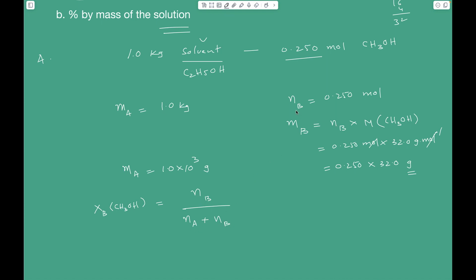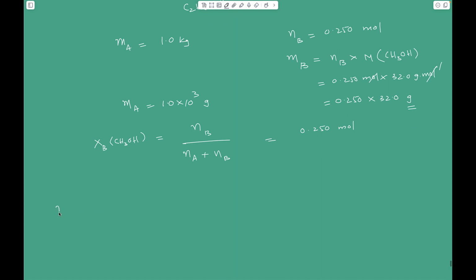You already know the number of moles of solute in the solution you have taken, that is 0.250 mole. Now because you know the mass of the solvent, that is ethyl alcohol, you can determine the number of moles of solvent, that is mass of the solvent over the molar mass of the solvent.